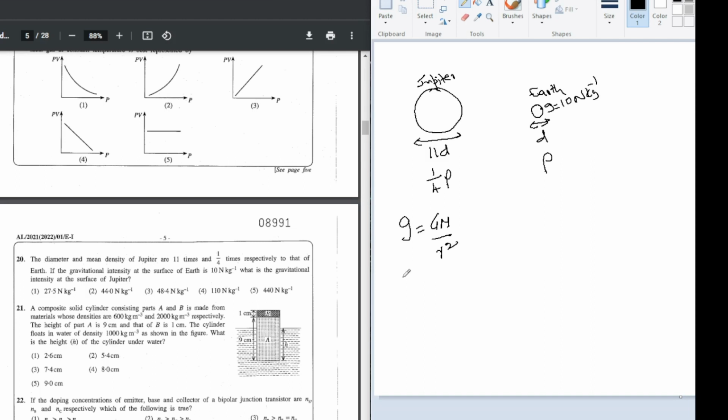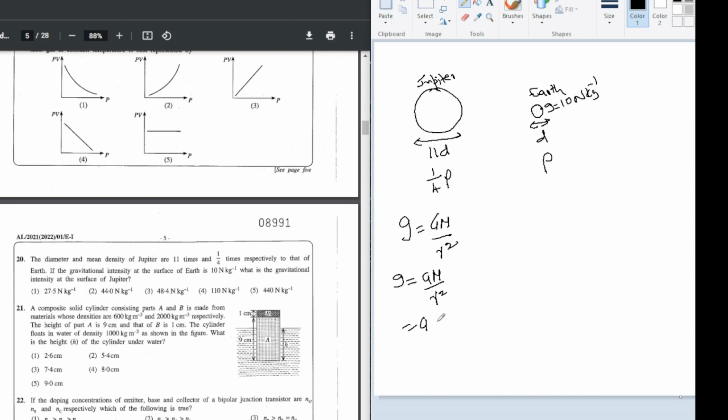We use this equation for Earth. Gravitational intensity at the surface of the Earth equals G M over R squared.